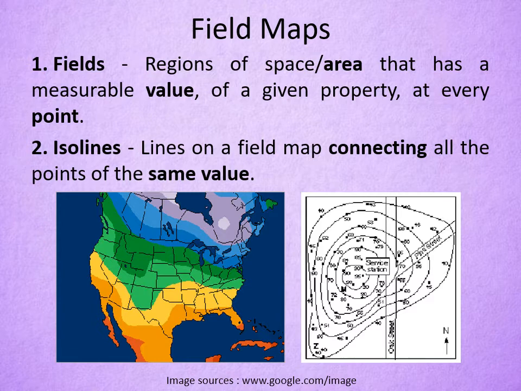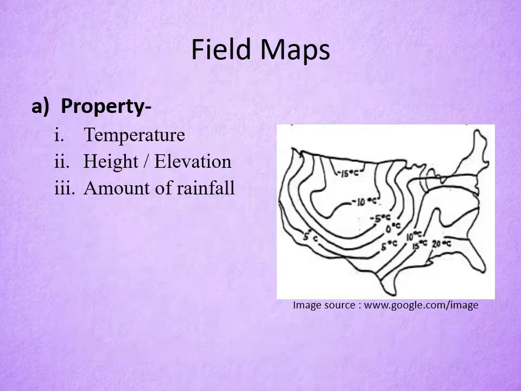As you can see, this is an area, and here we draw several lines. These lines are of the same value. Now the value of those lines may be of different properties, depending on the character. These lines are named differently.